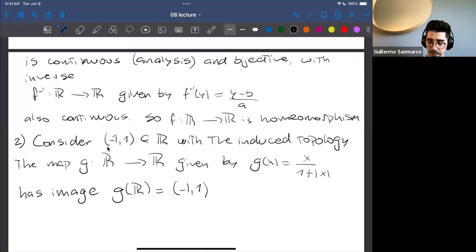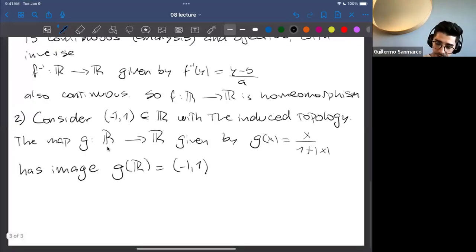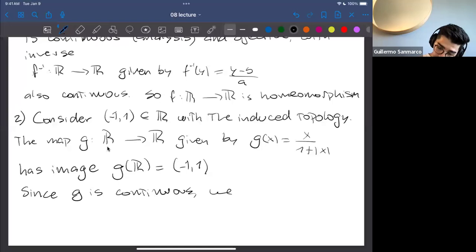So by our theorem from last time, the last theorem, since G is continuous, its co-restriction is continuous. We will have a continuous map by co-restricting, this is what we know, G to (-1, 1).